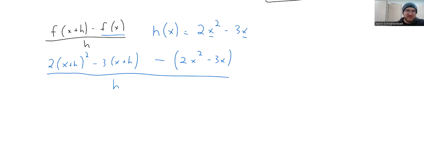Okay, now it's time to simplify. And again, I'm foiling x plus h squared, and I'm distributing the negatives.